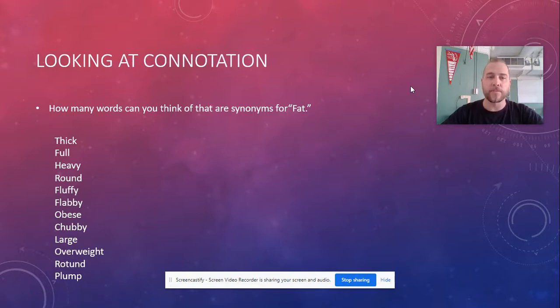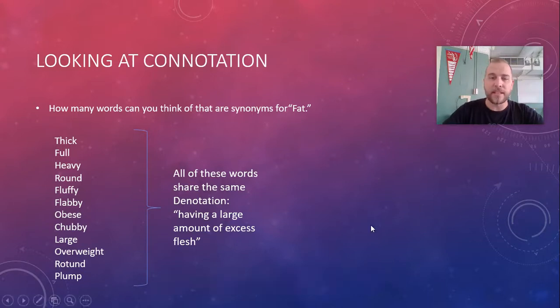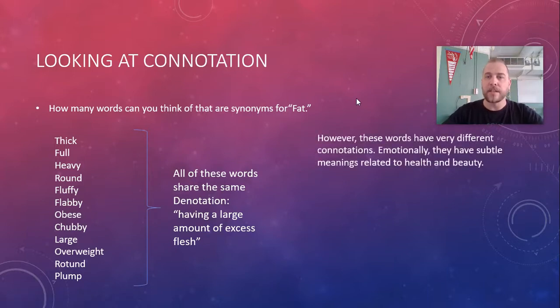And so all of these words have the same denotation. They all more or less mean having a large or excess amount of flesh. This doesn't change, but all of these words have a slightly different connotation. And so emotionally, they have different, subtly different meanings related to health and beauty, right?